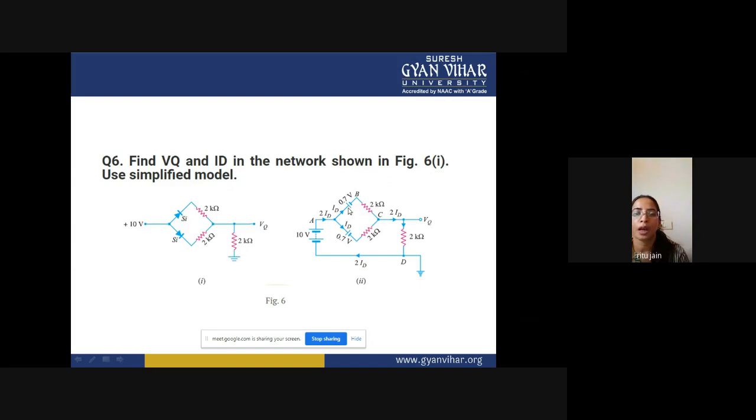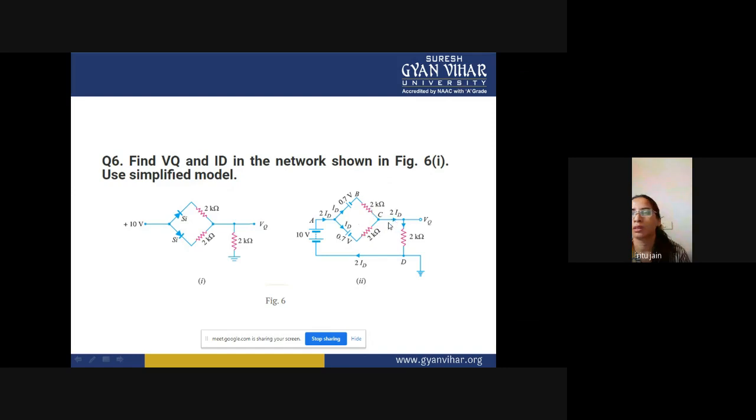When a diode is conducting, there will be some voltage drop across it. For silicon, it will be 0.7 volt. That's why we have represented a battery over here. It has a voltage of 0.7 volt, and the other voltage is also 0.7 volt.